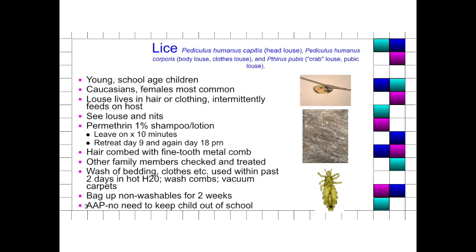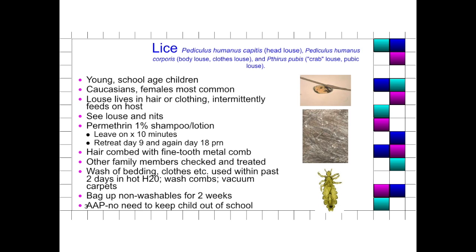Back to treatment. We're going to give this shampoo and/or lotion. You leave it on for 10 minutes and then it gets washed off. It is now recommended that they retreat on day 9 and again on day 18 if the parents are still seeing little nits.